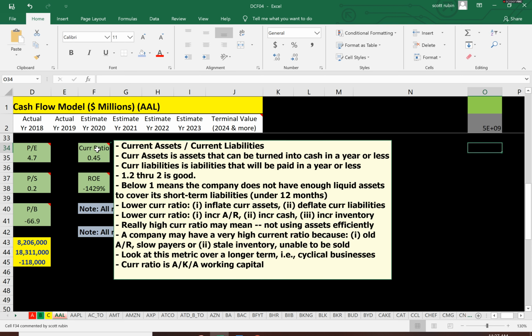And so a current ratio below 1 is terrible, and it's just the writing's on the wall with this company. It looks like it's headed towards bankruptcy. I don't see how it could not, unless somehow the market recovers and everybody starts flying again.